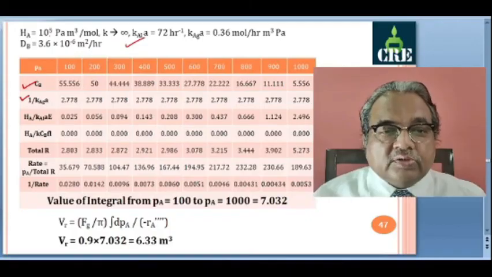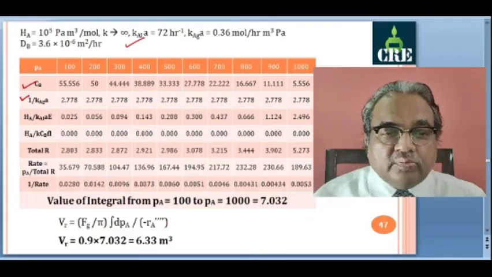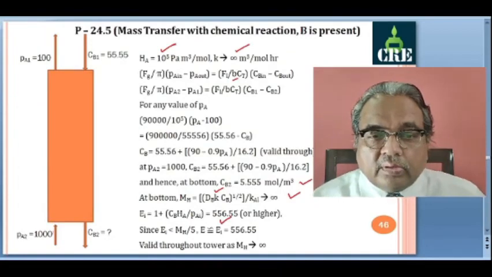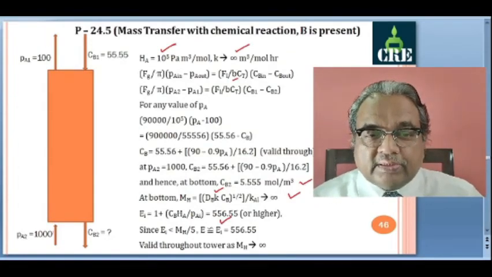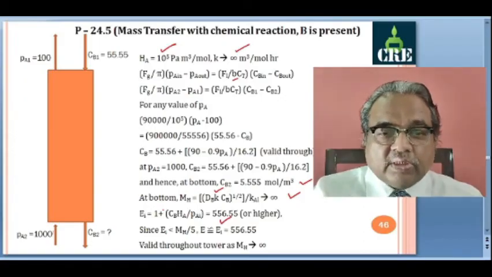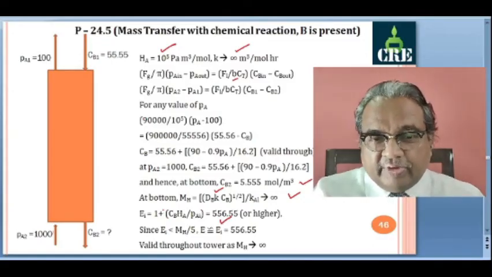Now here HA is constant, KLA is constant, but this E value is changing, as here you have PA. So PAI value, corresponding value of PA you take, and that will be the corresponding calculated value or some higher value.